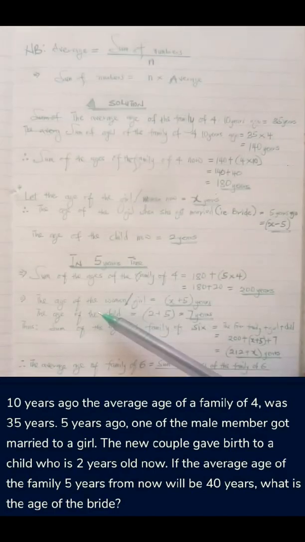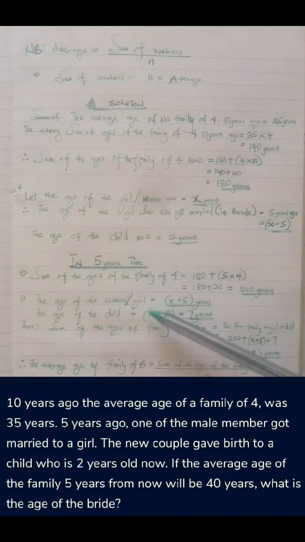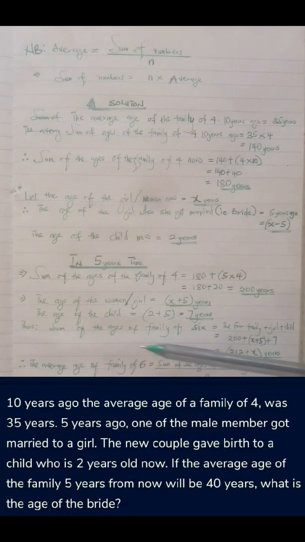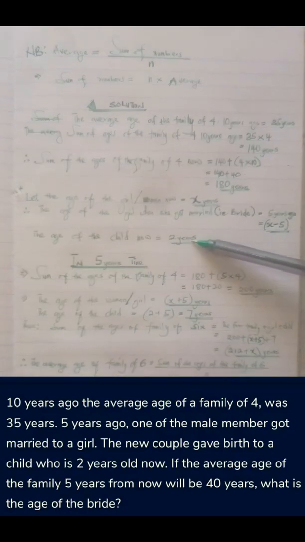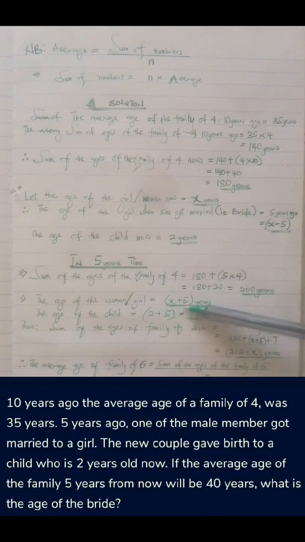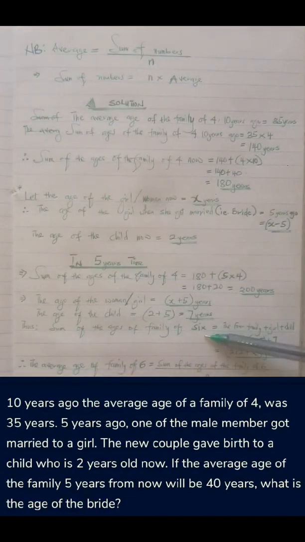The age of the woman or the girl, in 5 years' time, will be X plus 5, because now she is X. The child is also now 2. In 5 years' time will be 2 plus 5, giving 7 years. So sum of the ages of the family of 6.